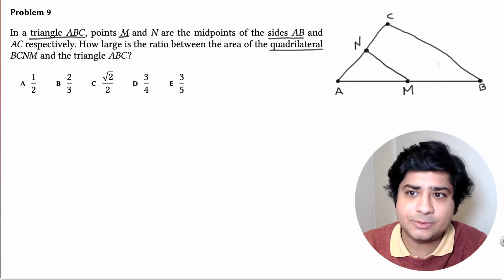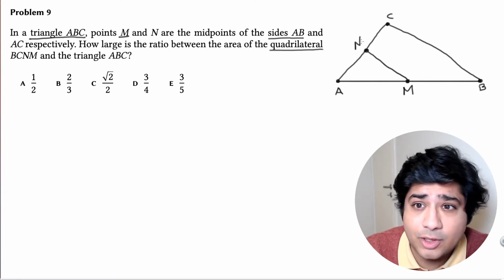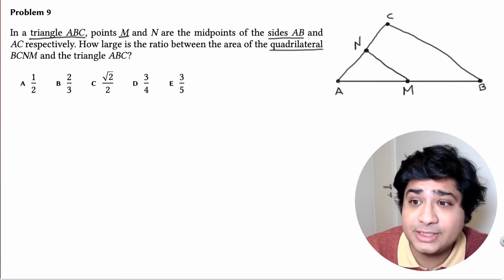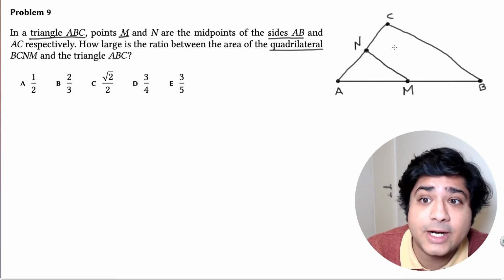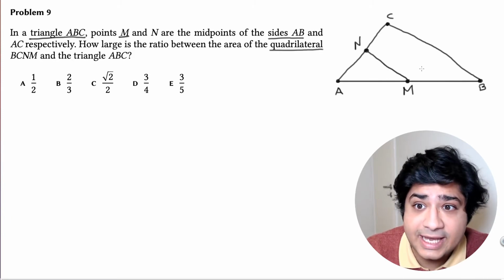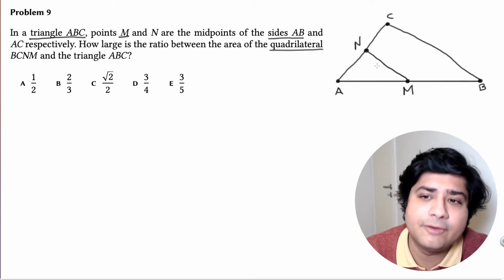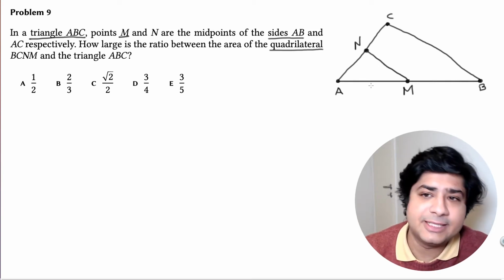And so, of course, this would be the quadrilateral. So what's the ratio between the area of the quadrilateral and the triangle ABC? So obviously, I see that the triangle ABC is bigger than BCNM, and BCNM is a part of the larger shape ABC.